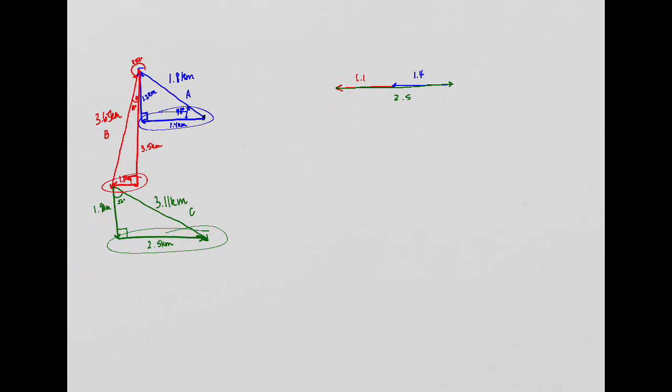Okay, cool. All right, now we're going to take all of our vertical components. So we're going to take 1.2, so that's 1.2 kilometers in the upward direction. Then we go down 3.5.